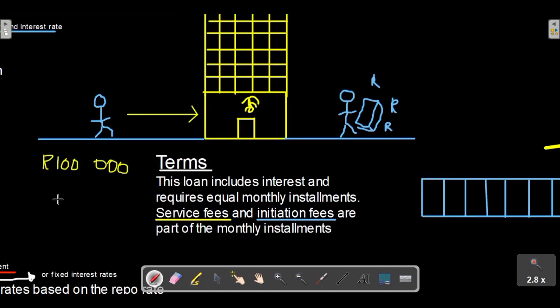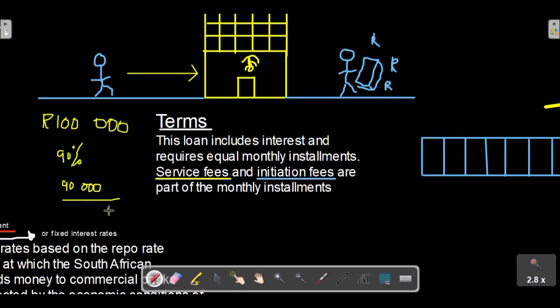A bank can give you, let's say, 90% of the loan that you required. That means the bank will give you 90,000 rand, and so you'd have to pay the rest, which is 10,000, as a deposit. So you pay that 10,000 as a deposit.